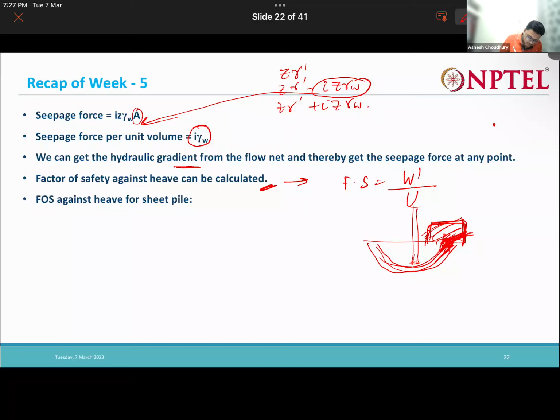So the factor of safety is given as gamma submerged by gamma w times the hydraulic gradient. So this is my hydraulic gradient.